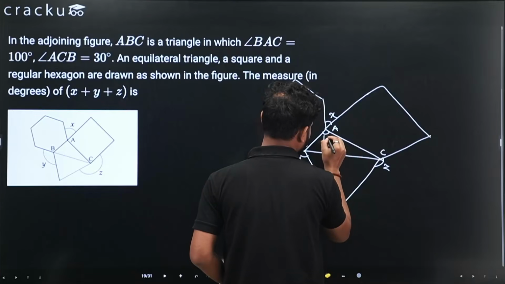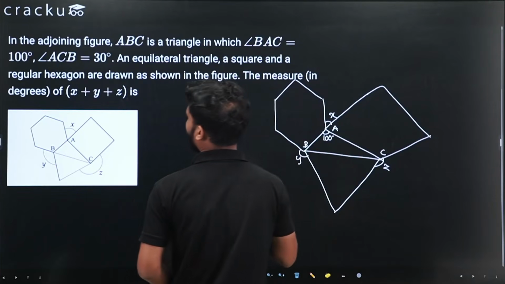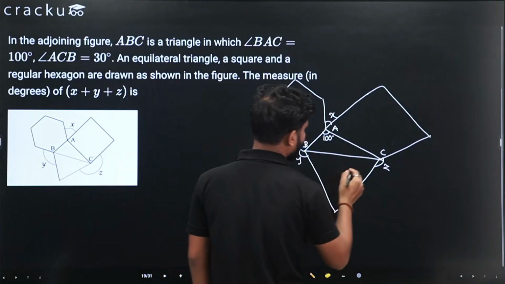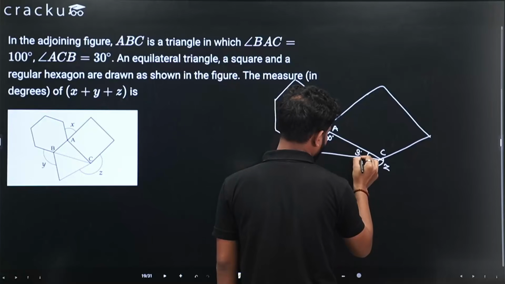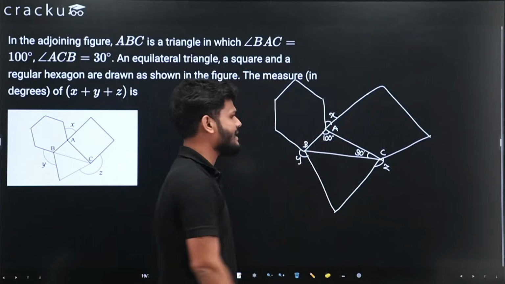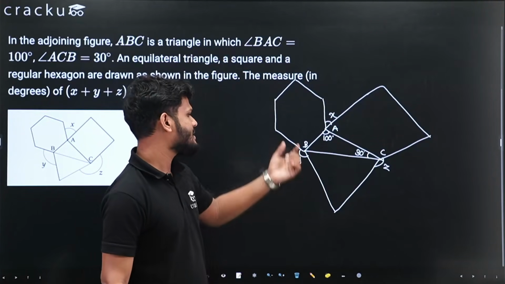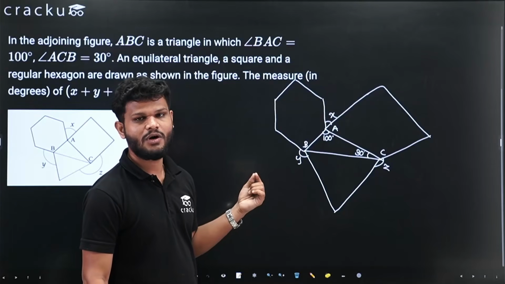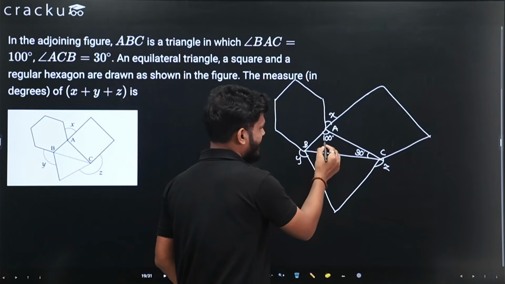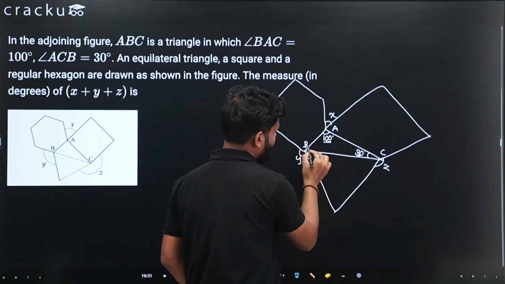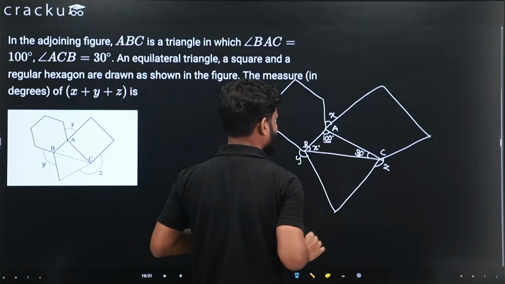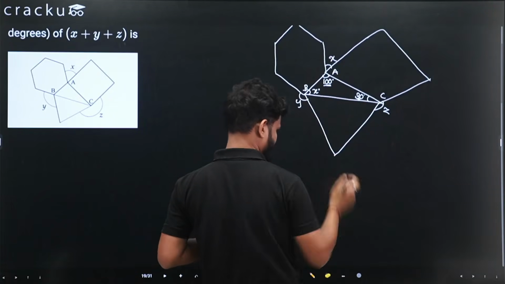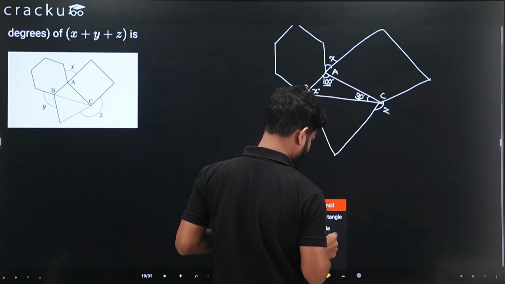So this is 100 degree. Then I have given ACB is 30 degree. This is 30 degree. Can I find the ABC? I can find. How? The sum of all angles of a triangle is what? 180 degree. So 100 degree plus 30 degree plus, let us say, x degree. Not x, because x is already there.